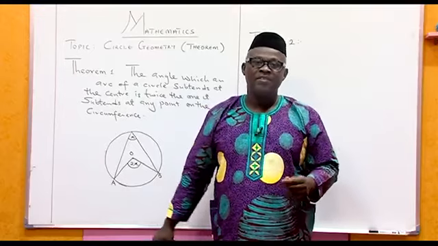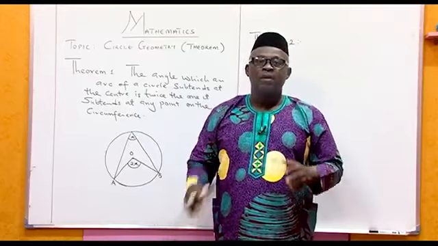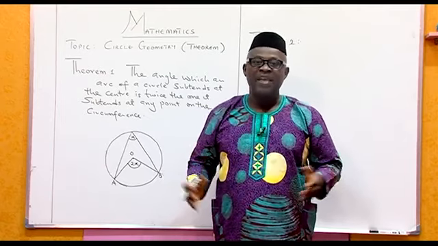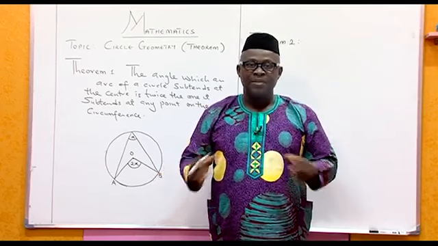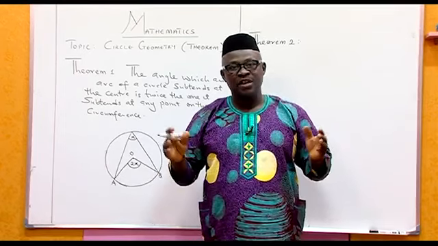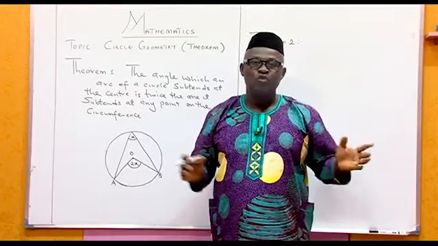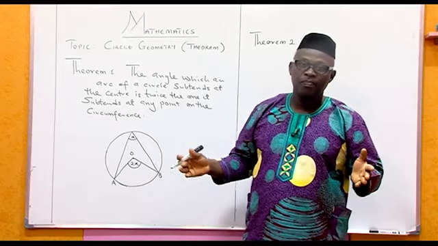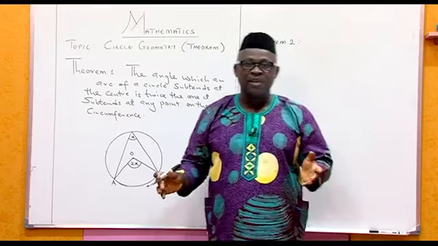Each part is a semicircle. What you are going to use to divide a circle into 2 equal parts is the diameter. The diameter of a circle is a line that passes through the center of the circle and is joining 2 points on the circumference. So this particular theorem is about a semicircle.